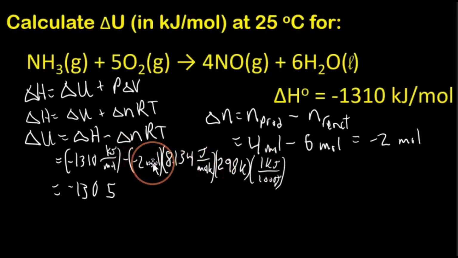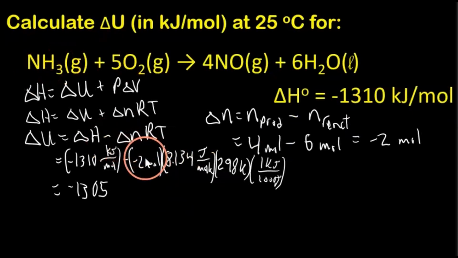Now, this mole cancels out with this mole in some ways. So it looks like this is just in joules, right? It looks like this is just in joules, and this is in kilojoules per mole. So it looks like we can't just add these two terms together, but we can. This is because this is per mole of the reaction, and this is also per mole of the reaction.